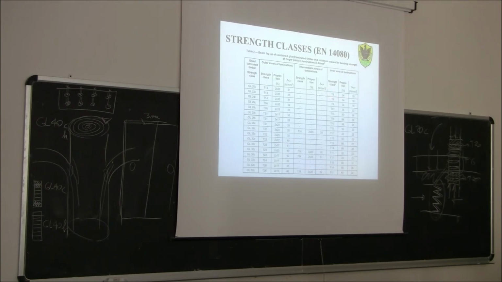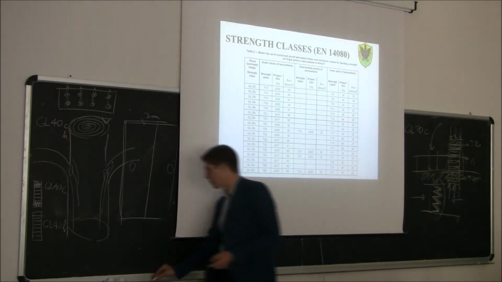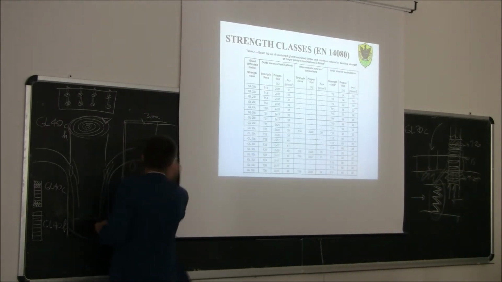In the inner zone of lamination, at least strength class T8, proportion 34%, and finger joints of at least 18 Newton per square millimeter. So if we now want to represent the cross section, in this case, what should we be doing?